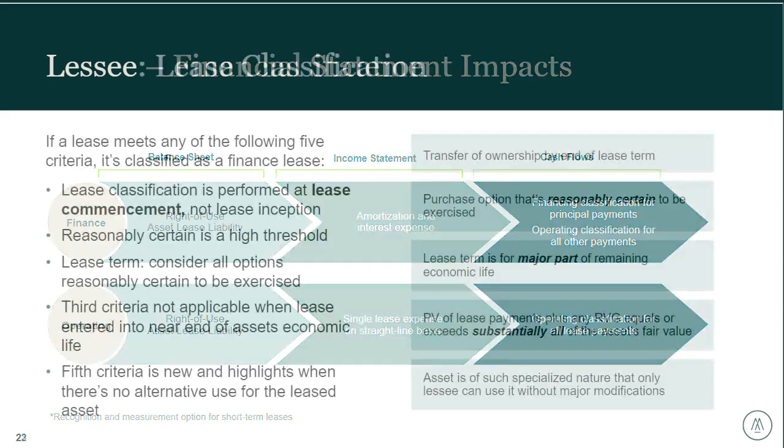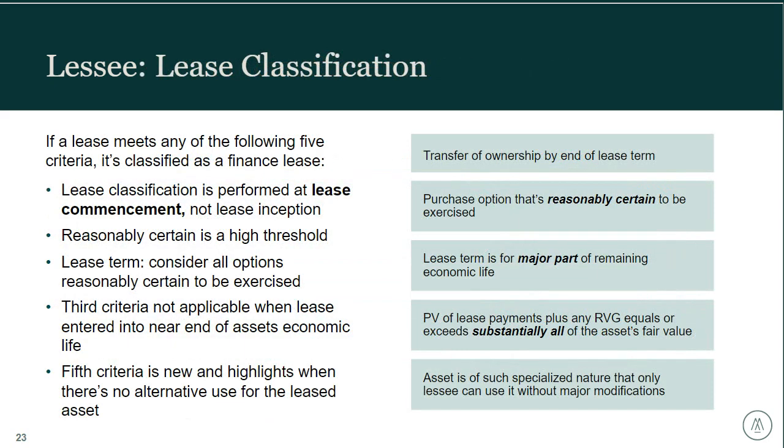Okay. So when assessing the classification between finance and operating, not overly dissimilar to the 840. We don't have our bright lines, which is convenient, but it's pretty consistent with what we've seen in the past.